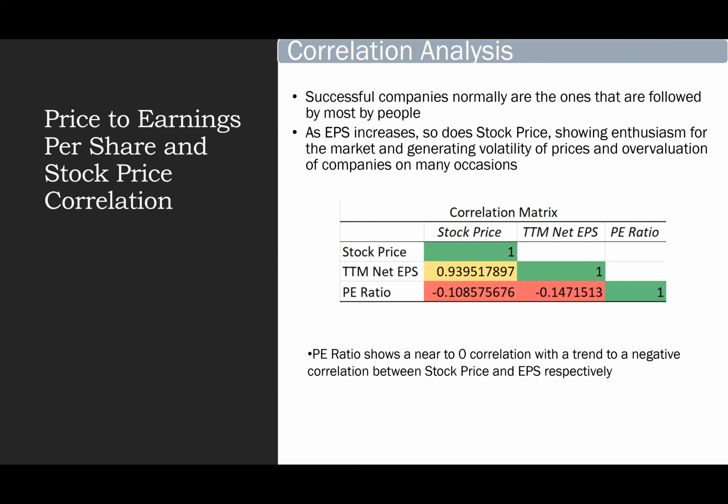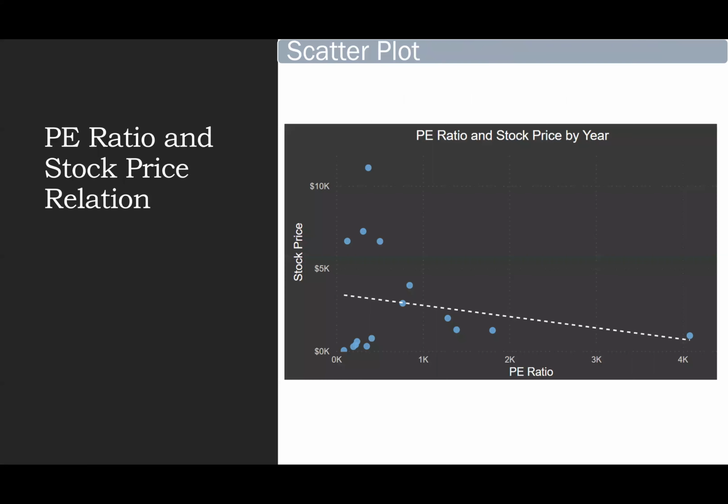And it's natural to say that as earnings per share increases, so does the stock price, because this signals enthusiasm for the market, and this also generates the volatility of prices and also overvaluation of companies on many occasions, like maybe the case of Amazon. It may also be due to the nature of the traders and other factors that we will discuss next.